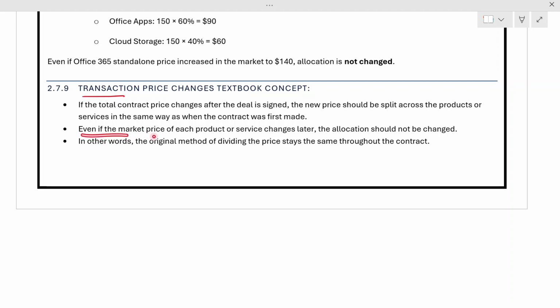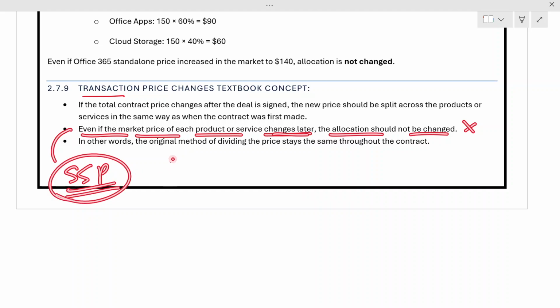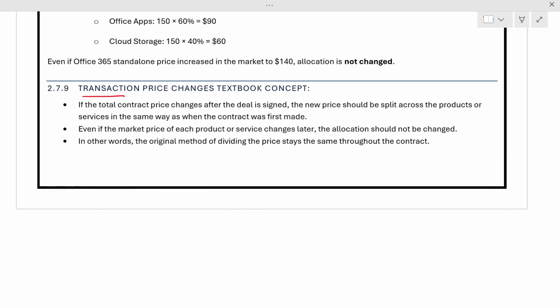Now, even if the market price of each product and service changes later, even though SSP keeps on changing, the allocation should not be changed, meaning the original ratio of 60% and 40% that we saw in this example should be continued. In other words, the original method of dividing the price stays the same throughout the contract.